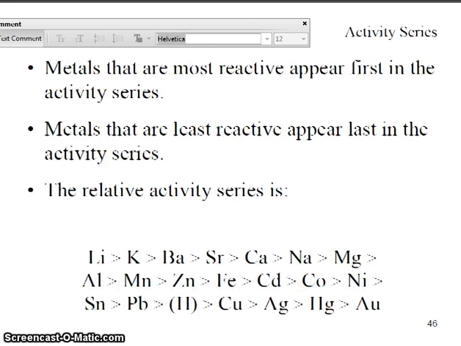That means if the forward reaction is possible, then the backward reaction in this case is not going to be feasible. So in this series, in general, the most reactive metals are going to appear first, and the less reactive metals are going to appear later.